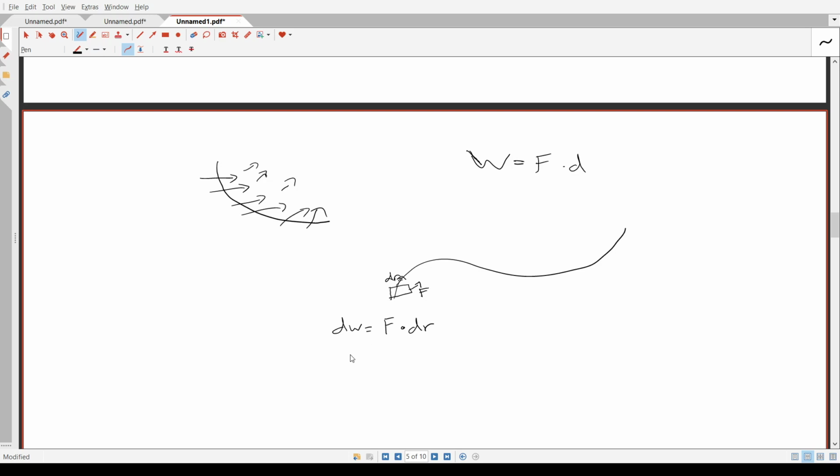If I add up all of the work along this whole line, that's the integral from A to B of f dot dr. This is the line integral for vector functions. It's adding up the components of a vector field along a given path.